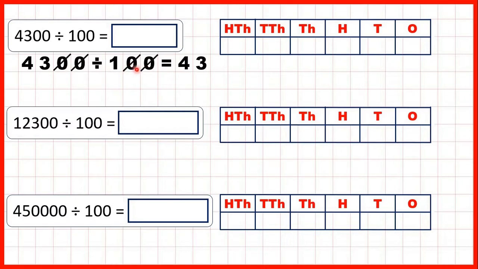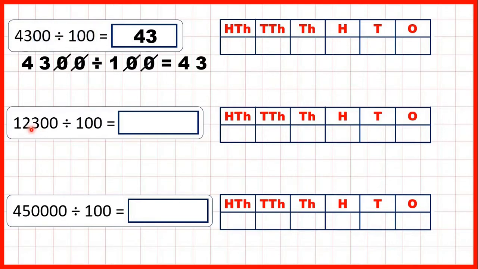We have two end zeros in 100, so we can cancel the two end zeros in 4,300, and then we just have 43 divided by 1. And any number divided by 1 is just that number. So our answer is 43. 4,300 divided by 100 gives us the same answer as 43 divided by 1.